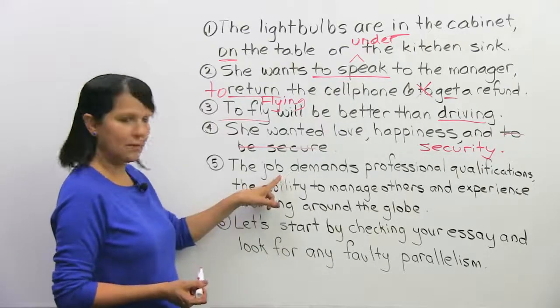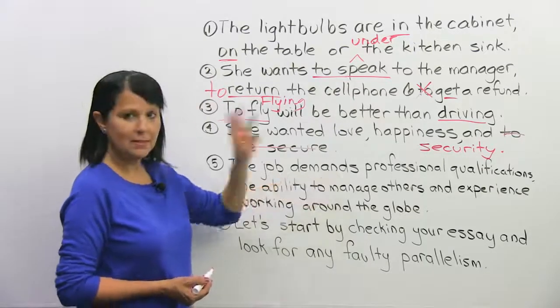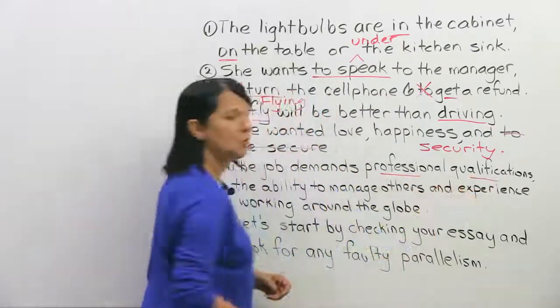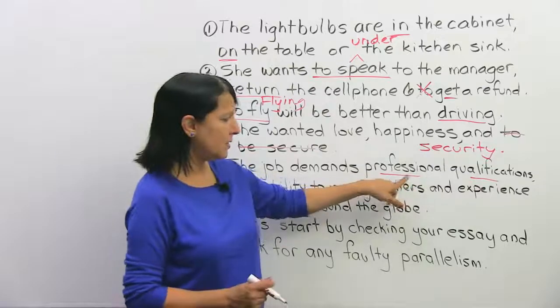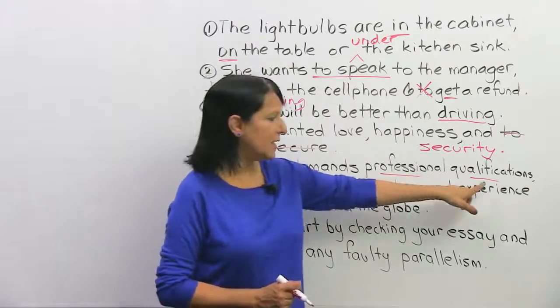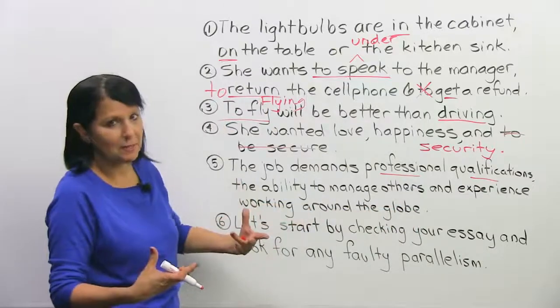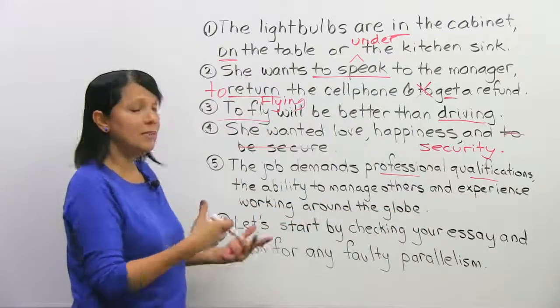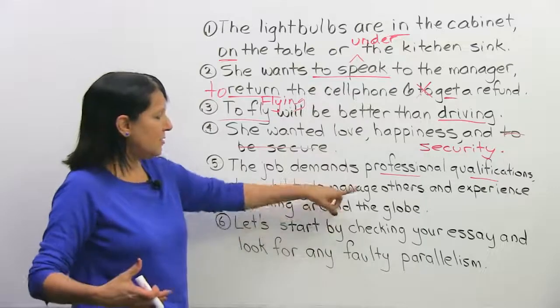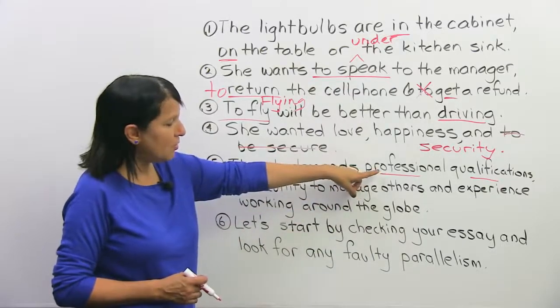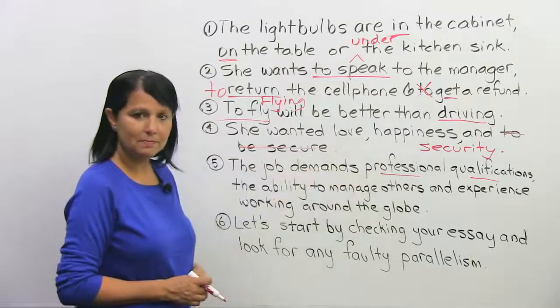So how could we make this more parallel? So let's start here. The job demands 3 things, right? So the first thing was professional qualifications. So what do we have here? An adjective and a noun. Then the sentence kind of fell apart and it said the ability to manage others. So can we change this part in some way so that it's also an adjective and a noun?